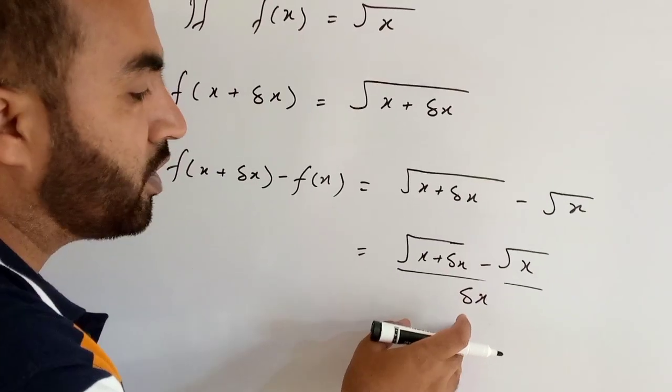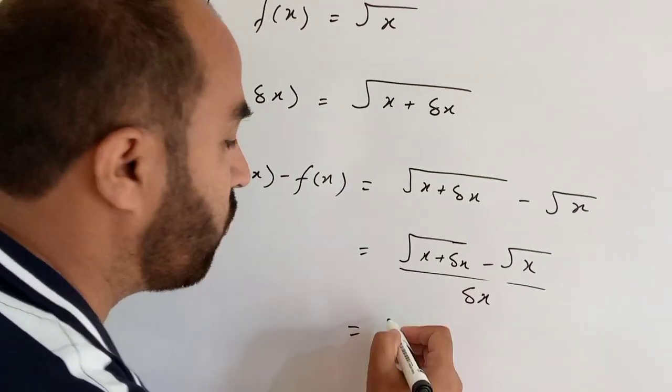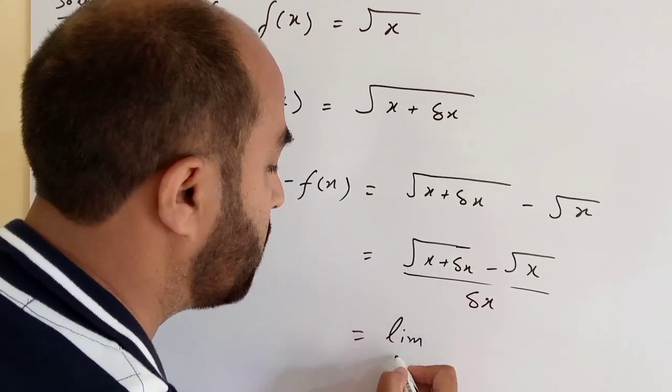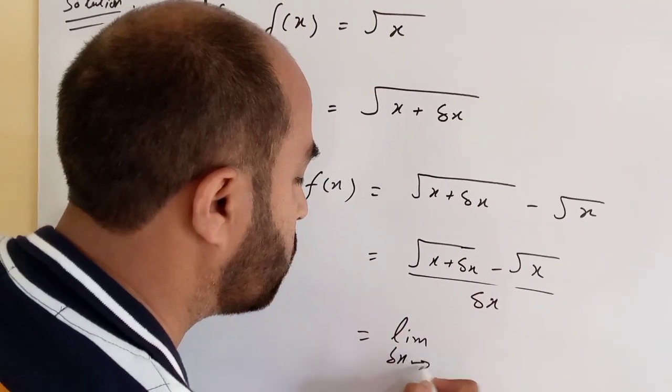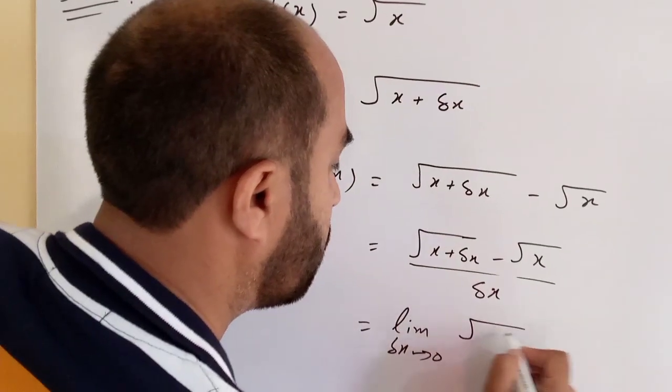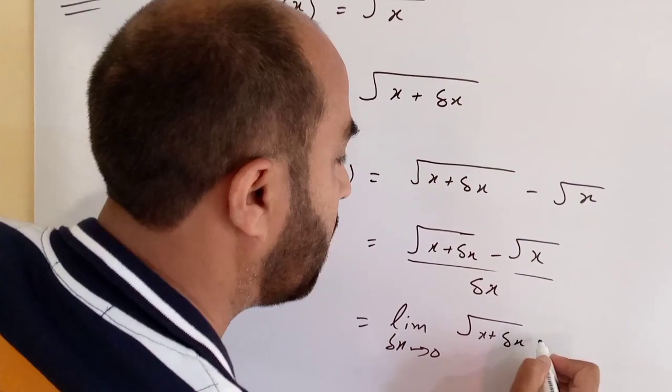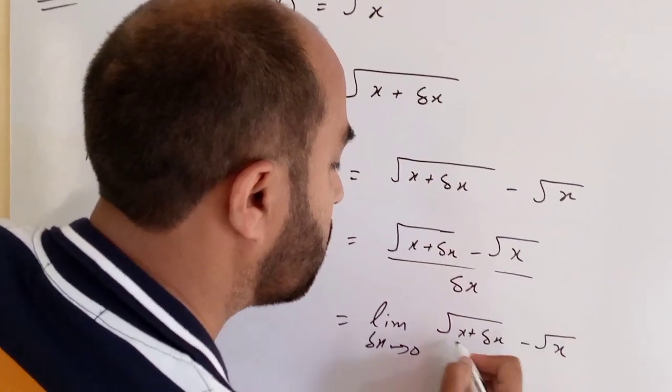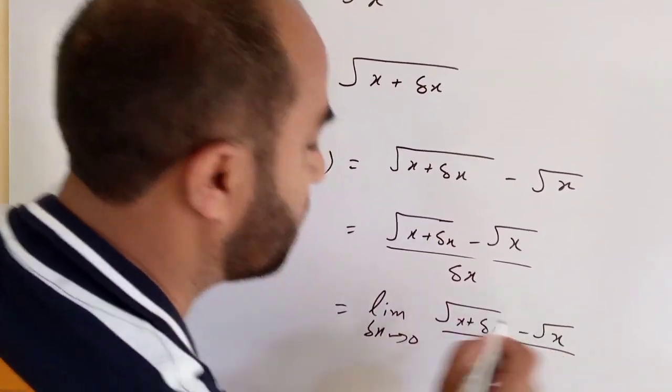And if we apply the limit, the step 4, limit delta x tends to 0, of square root of x plus delta x minus square root x over delta x.